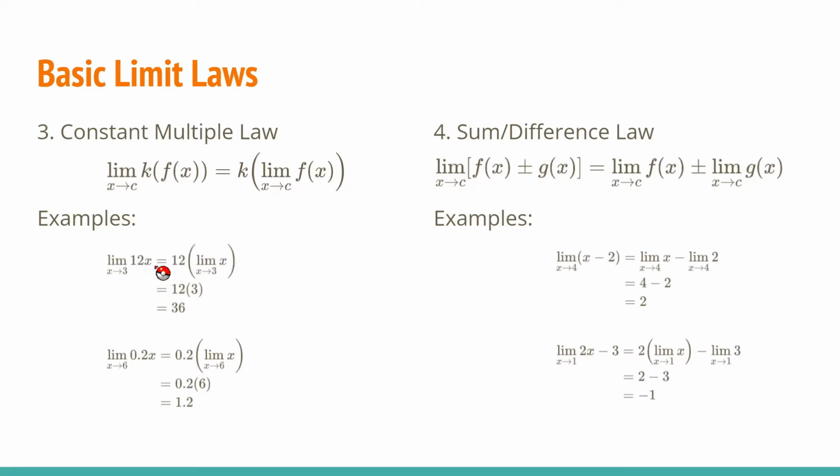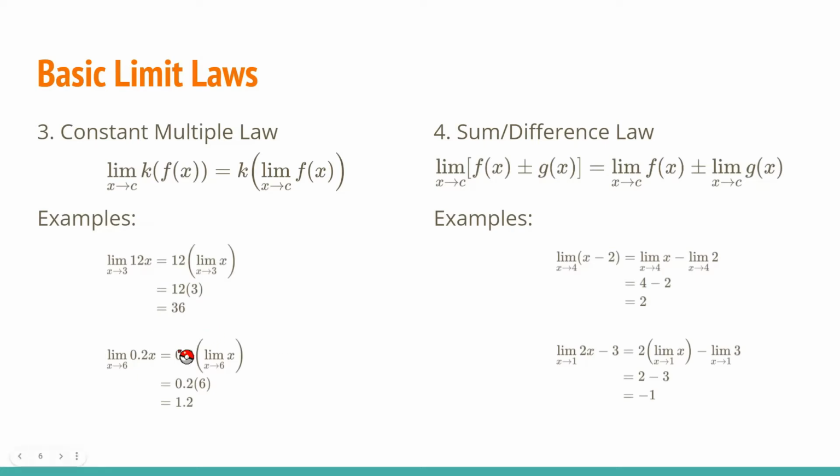For the examples, the limit of 12x as x approaches 3. So here we move the 12 and then find the limit of x. And then from there, we use the limit of the identity function law to get 3. So 12 times 3, that's just 36.